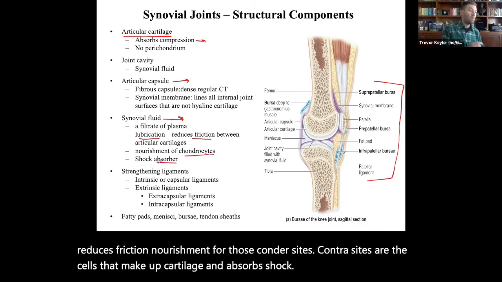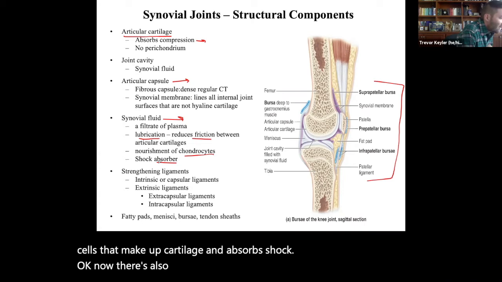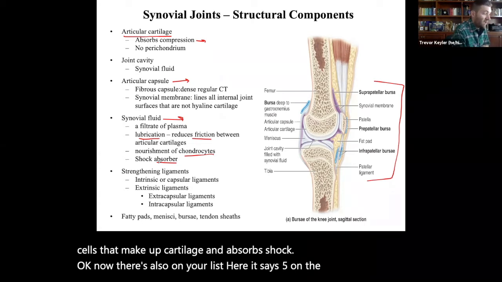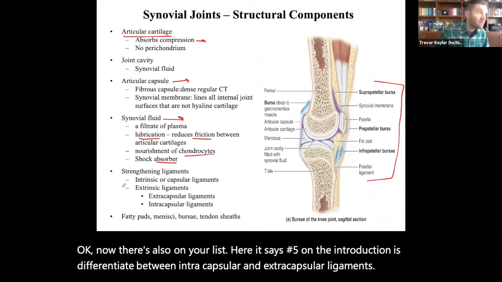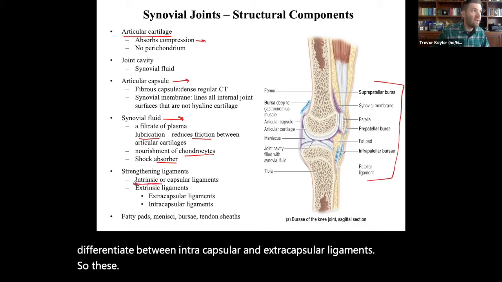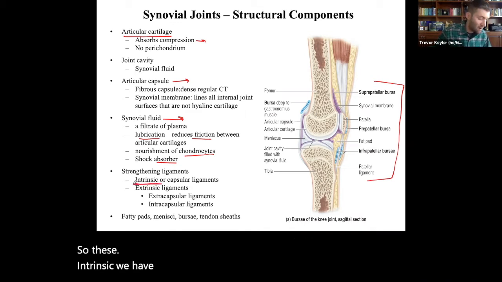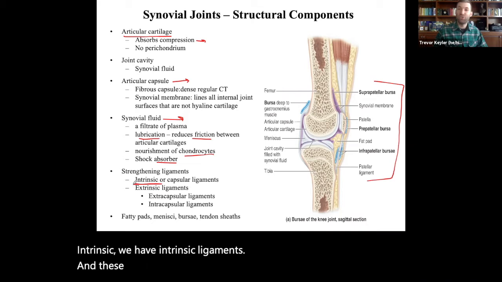Now, on your list, number 5 in the introduction says differentiate between intracapsular and extracapsular ligaments. We have intrinsic ligaments, and these help form the joint capsule.